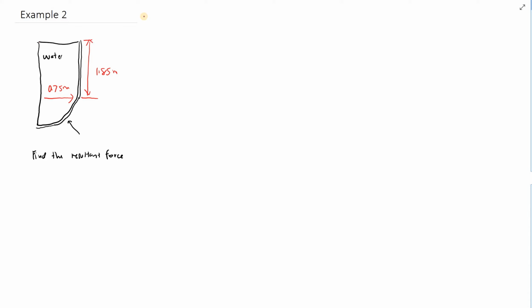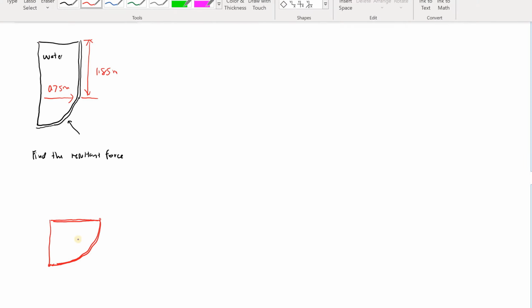How do we draw our free body diagram? Our point of interest is the curved surface. This is the curved surface, so we draw an imaginary horizontal line and also an imaginary vertical line between these 2 points. And then what do you have?